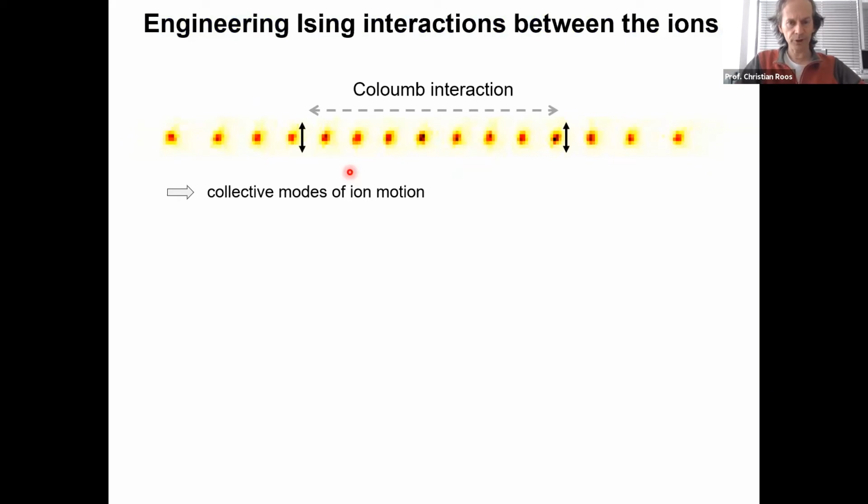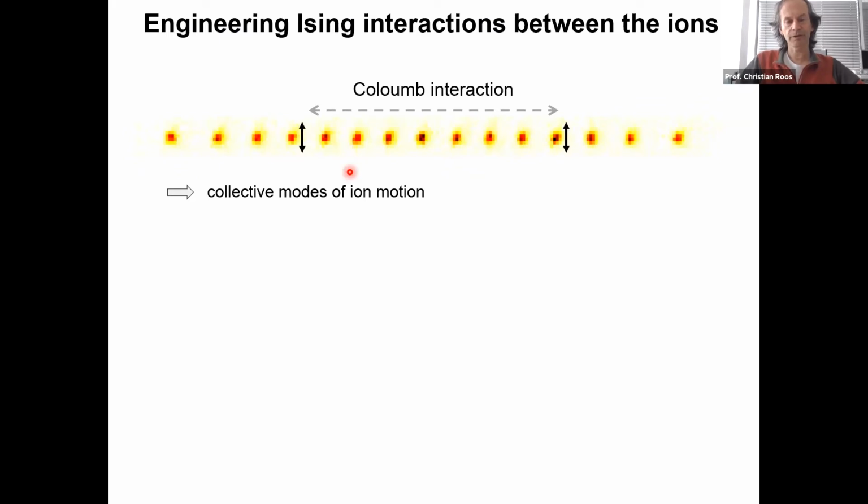And so for this, you have to keep in mind that the only interaction that we have between the ions in the absence of laser light is just the Coulomb interaction, which gives rise to repulsion between the ions and which defines then the equilibrium positions of the ions in the string. And secondly, it also gives rise to collective modes of ion motion. So if one ion moves a little bit, the other ions have to move as well.